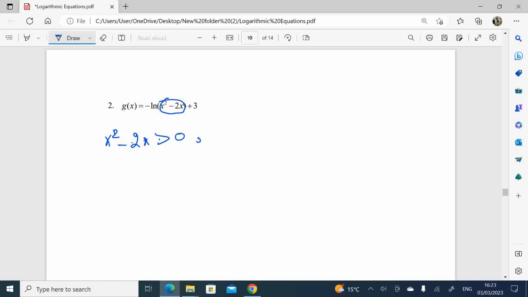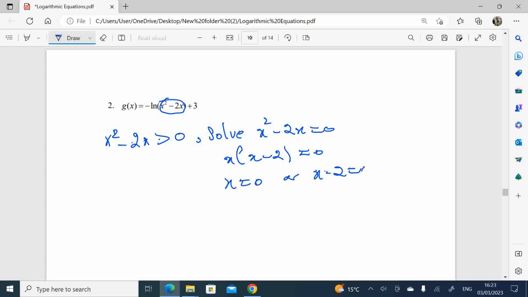So we have to solve first x squared minus 2x equals 0. In this case, I may factorize it, taking x as a common factor. So it's x times (x minus 2) equals 0. So we get x is 0 or x minus 2 equals 0, so x is equal to 2. These are the roots for this quadratic.